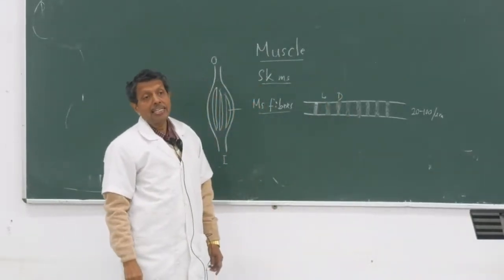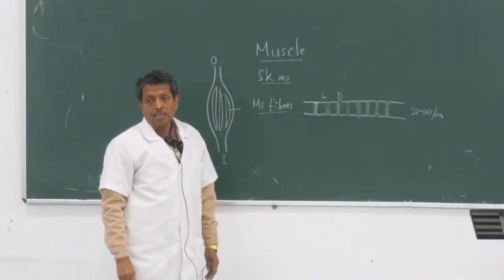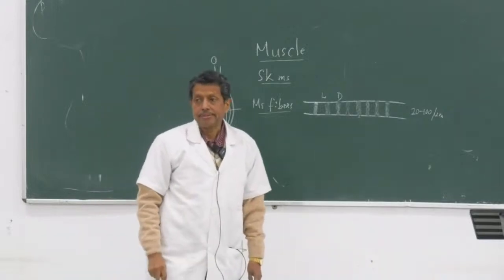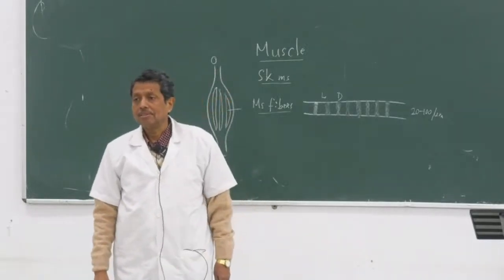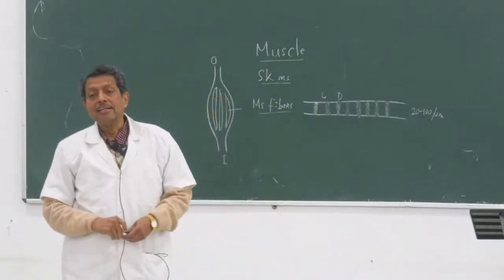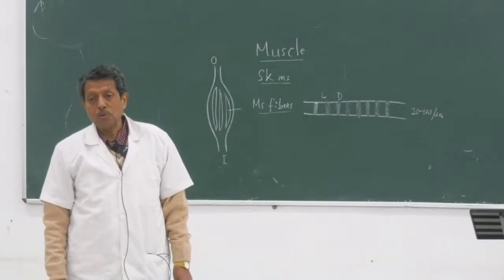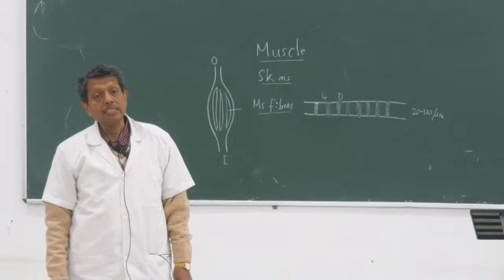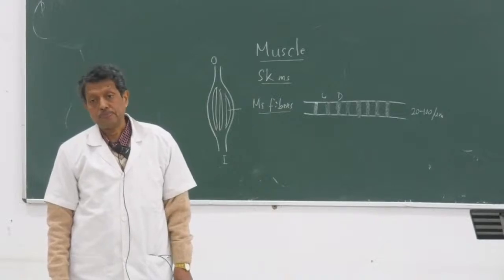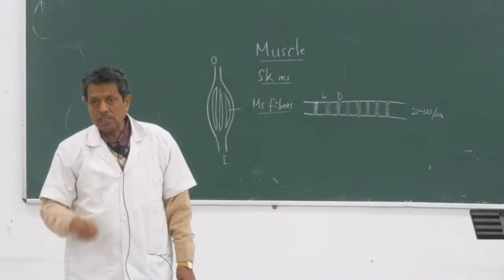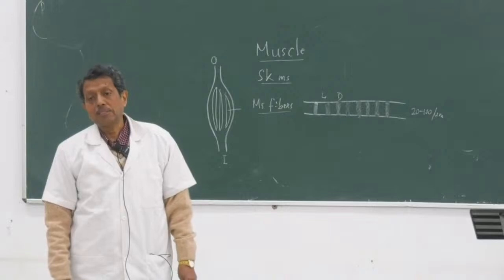So they are called striated muscle, striations. And they are voluntary muscle. We can control their movement and they are essential for our existence because respiratory muscles are the striated muscles.